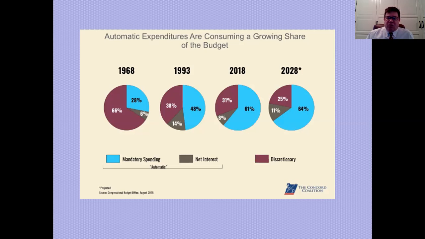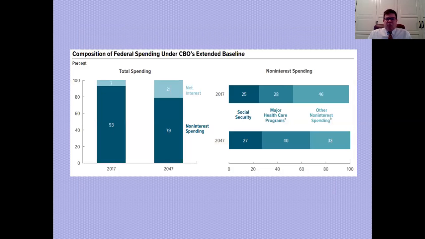And this is the Concord Coalition, more or less a balanced budget type organization, using data from the Congressional Budget Office.